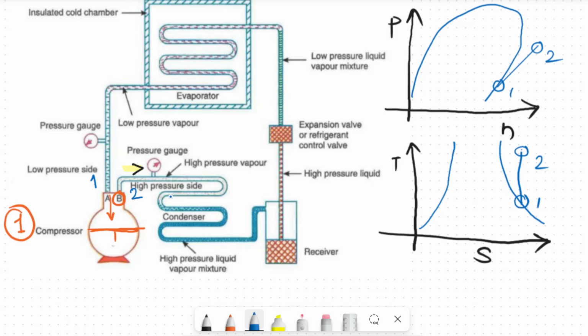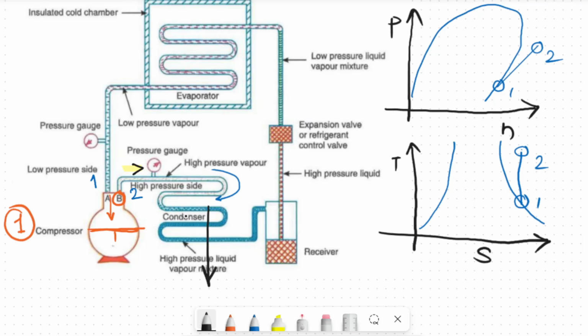This high pressure, high temperature refrigerant enters into this condenser, wherein it will reject heat to the cooling medium. The process of condensation is ideally constant pressure and constant temperature process, in which the latent heat rejection will take place.